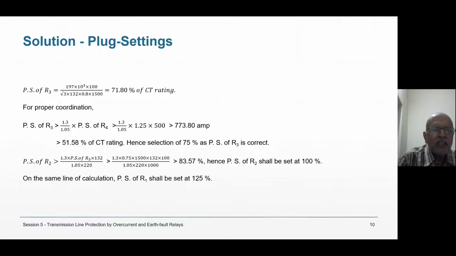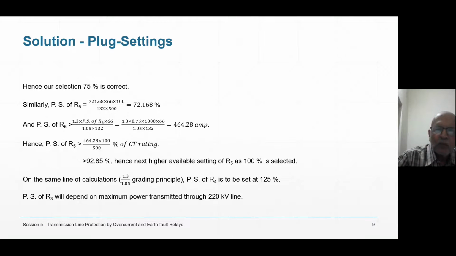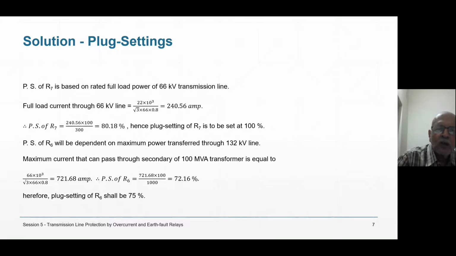But I have to see R3 and R4 with 1.3 divided by 1.05 also. That takes me to 773, and that is only 51.58. So that way also it is 75%. So 75% for R3 is correct. Now PS of R2. What is R2? Let me check.